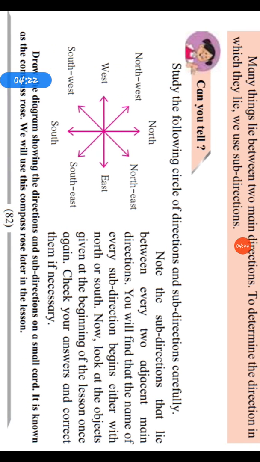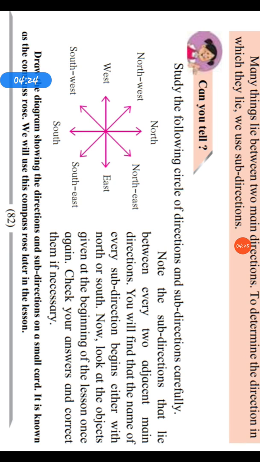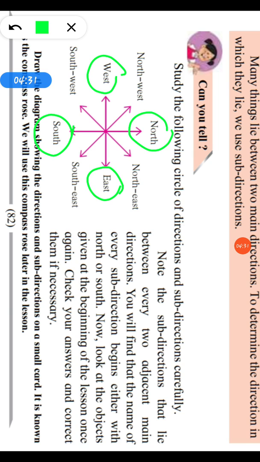See, in this picture four main directions are given: east, west, north and south. Note the subdirections that lie between every two adjacent main directions. See, these are the subdirections which lie between the two main directions.